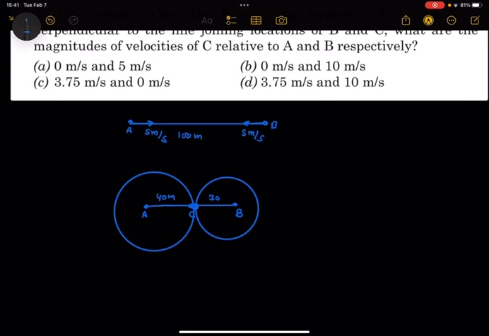That is one condition. And second, let's assume this is the 40 meter radius circle and another circle is 30 meter.